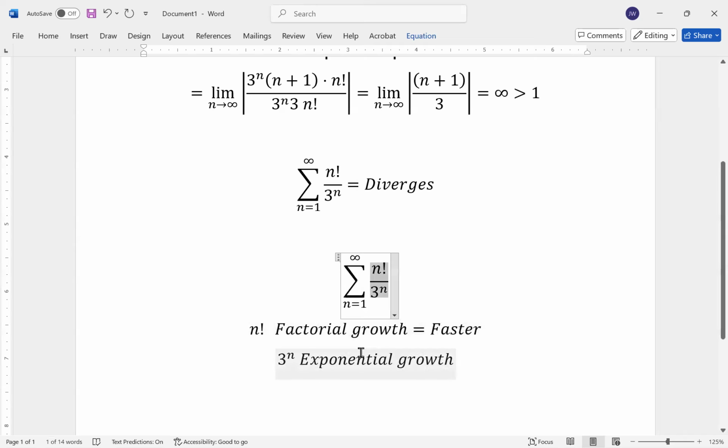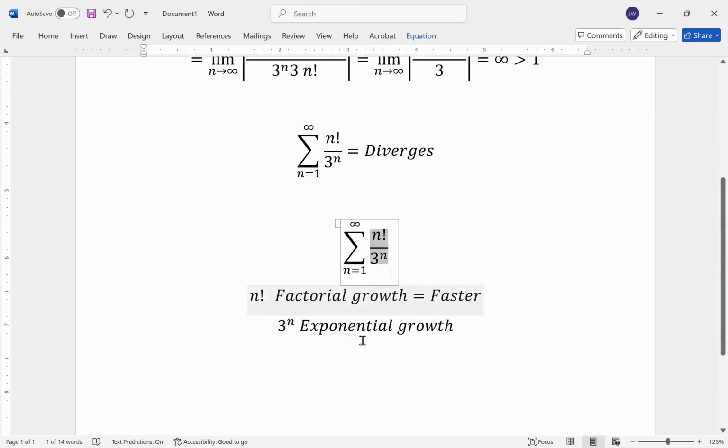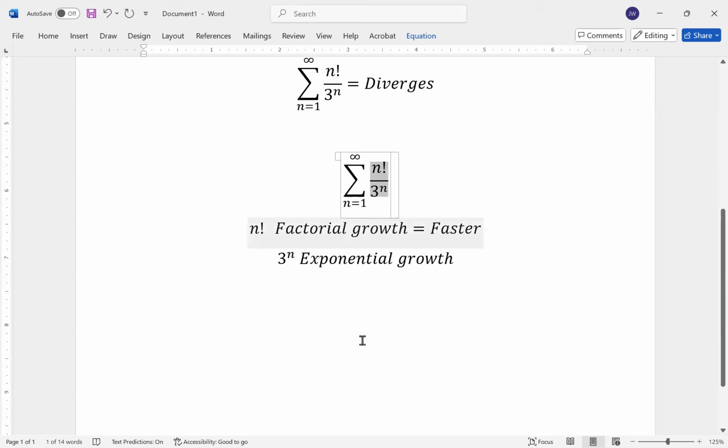Now, you might not be convinced that factorial growth is faster than exponential growth, but just follow along again the idea of factorial. 3 to the n, as n increases, we're multiplying by 3 and 3 and 3 and another 3. Well, as n increases here, for the first few numbers, we're multiplying by 1, 2, and 3.